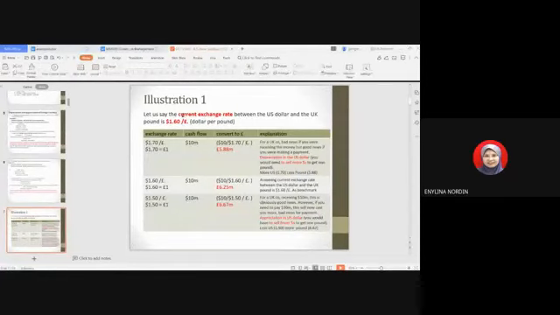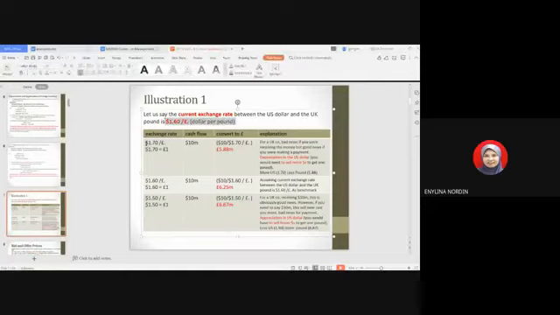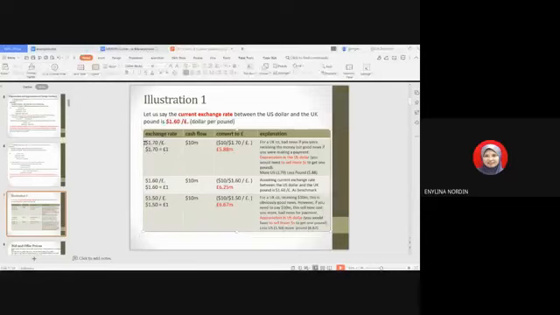Next, this is the illustration. You are given the current exchange rate between the US dollar and the UK pound sterling, and you compare it. Let's say the next day the exchange rate becomes 1.7 dollars equals 1 pound. What does that mean?